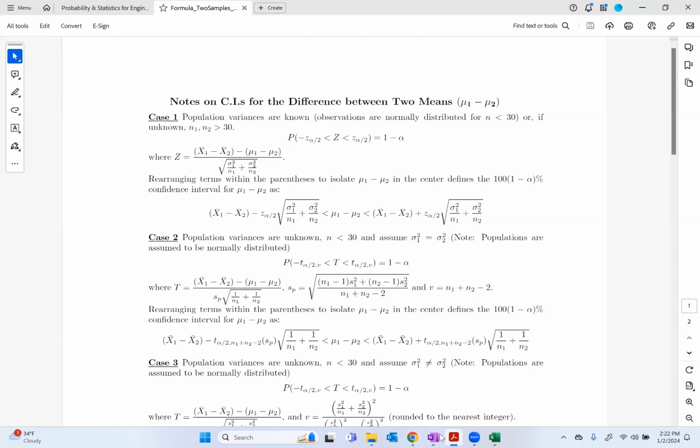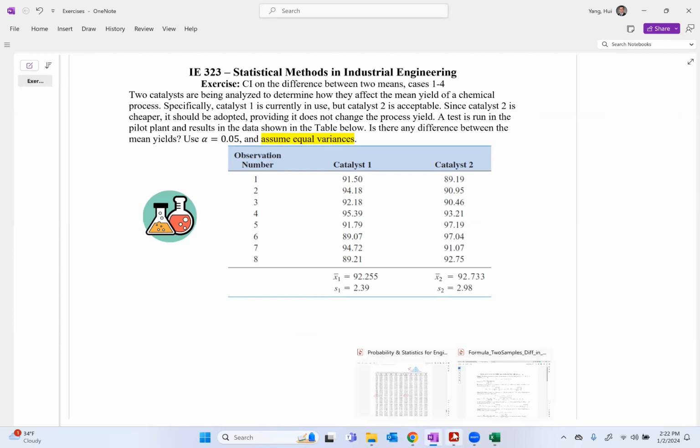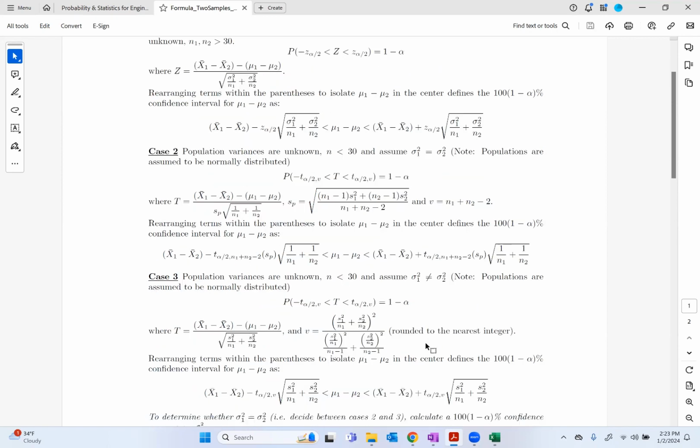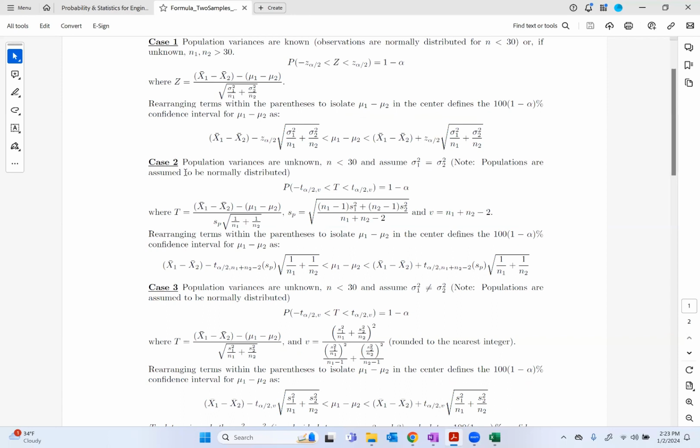This is exactly the case that we are dealing with. We are assuming equal variances. We also have a third case: population variances are unknown, and we assume unequal variances. And the fourth case is paired observation.